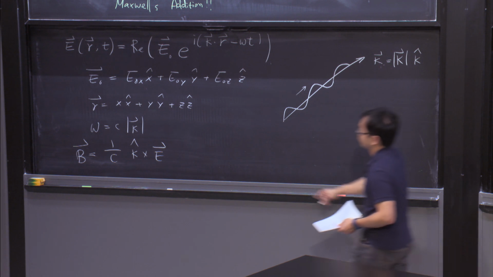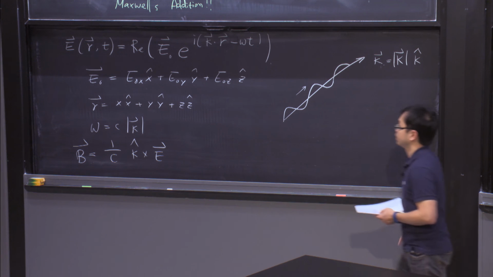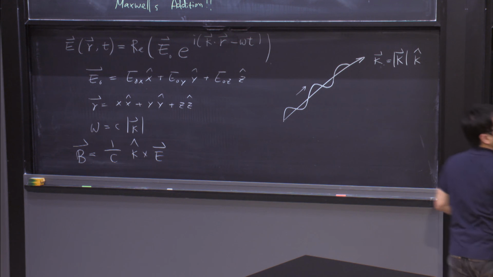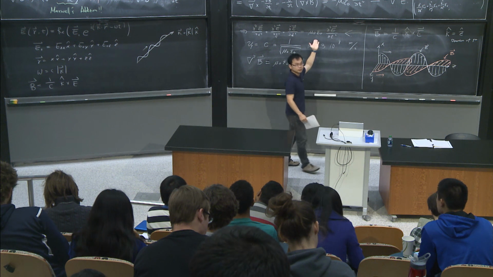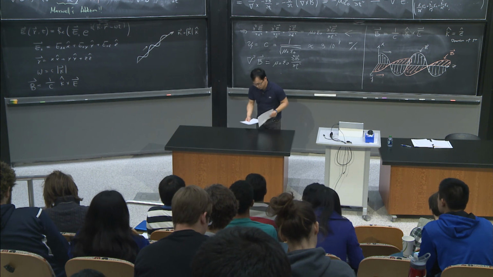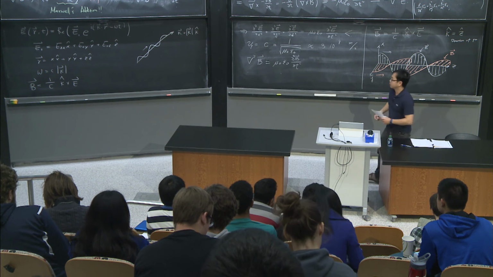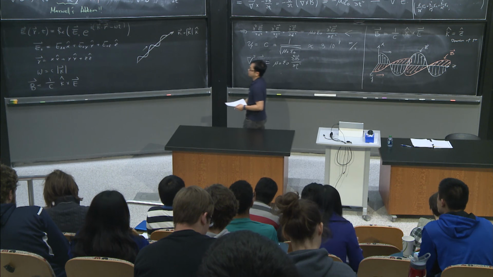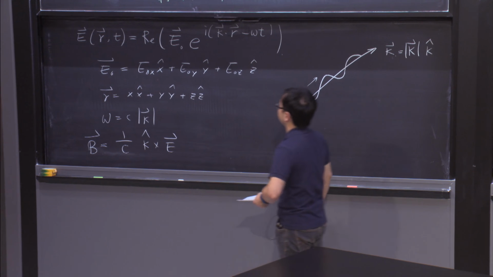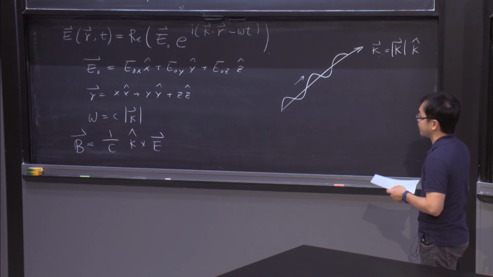Okay, and you can show that indeed, this expression satisfies the wave equation which we derived for the electric field. And of course, there are some requirements, which is that the direction of the electric field has to be perpendicular to the direction of propagation, which you can derive.